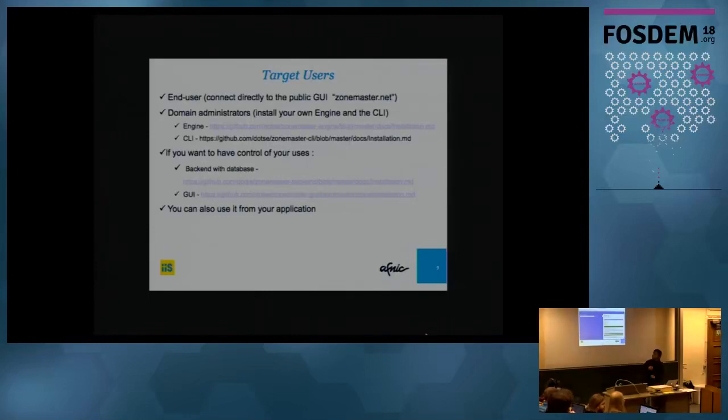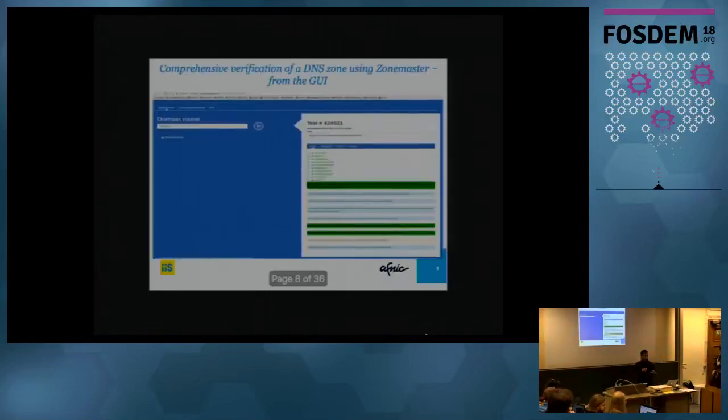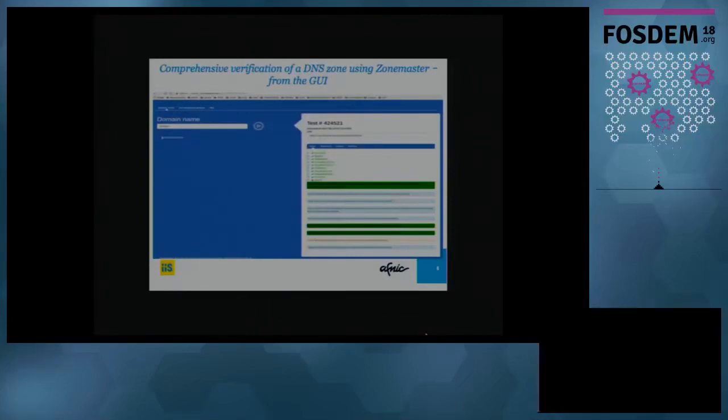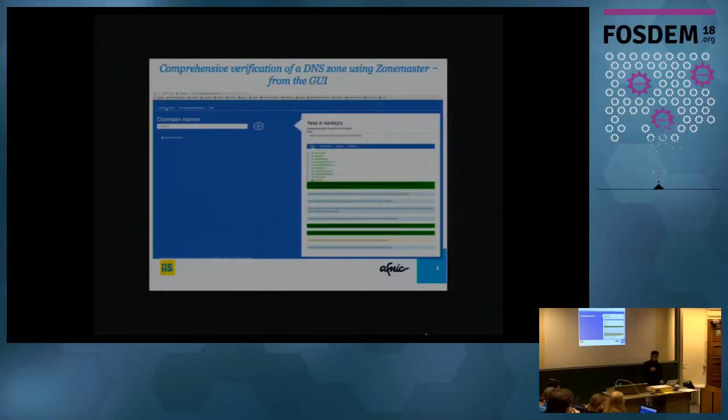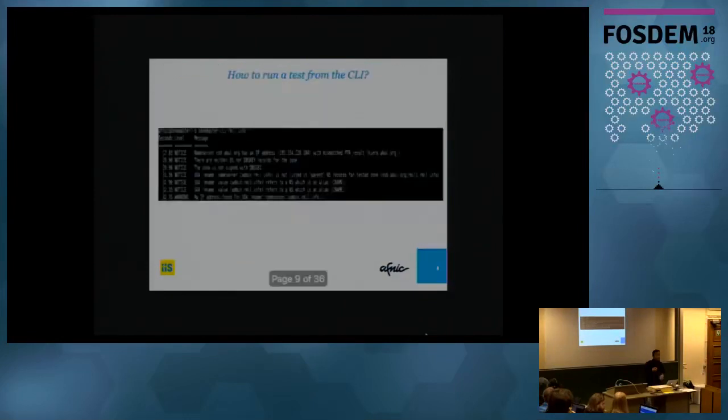So this is an example of rmll.info, which we test using the graphical user interface, the website. And you see there is an issue, the yellow color. Now, how do you test from the CLI? You install the CLI on your own computer, and then you use Zonemaster-CLI and run your domain.